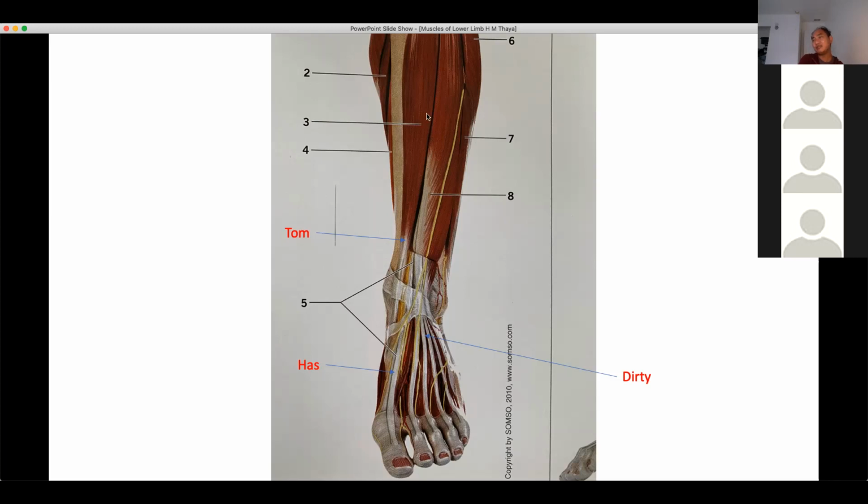These muscles cross in front of the ankle as tendons, and we will remember them as Tom, Dick, and Harry.